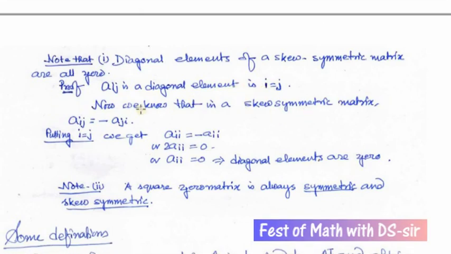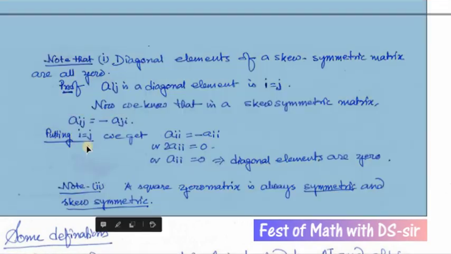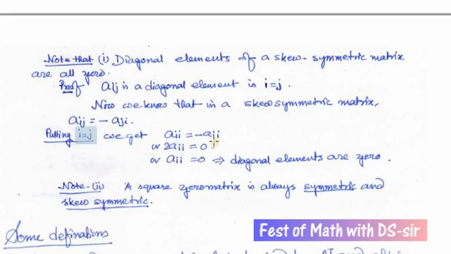Now we know that in a skew symmetric matrix Aij is equal to minus Aji. Putting i equal to j, we get Aii is equal to minus Aii. This minus Aii comes here, so it becomes plus Aii. So 2Aii is equal to 0. 2 is not equal to 0. That implies Aii is 0. And Aii represents the diagonal elements. So these are the definitions of different kinds of matrices.